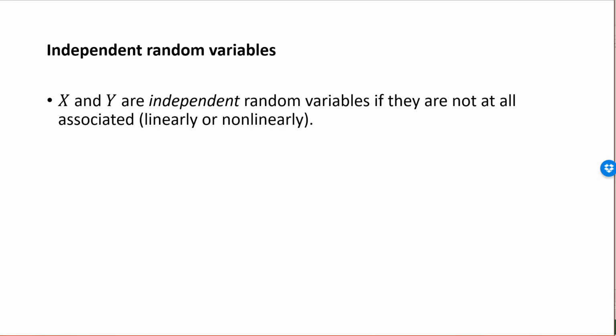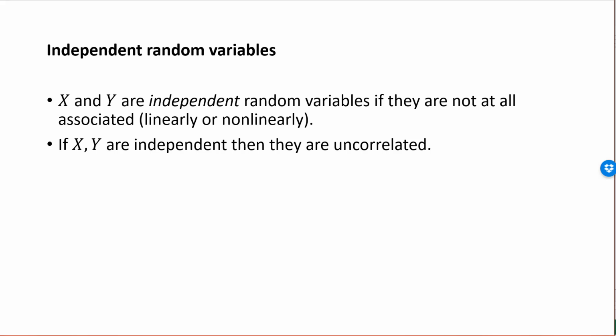And that tells us that you can have two random variables which are uncorrelated but still dependent. The other way is not possible. If they're independent, then they have nothing to do with each other. So there is no correlation, no relationship between them linearly or non-linearly.